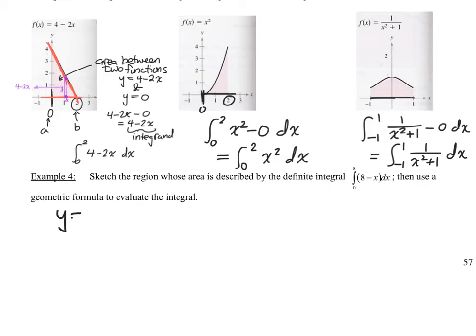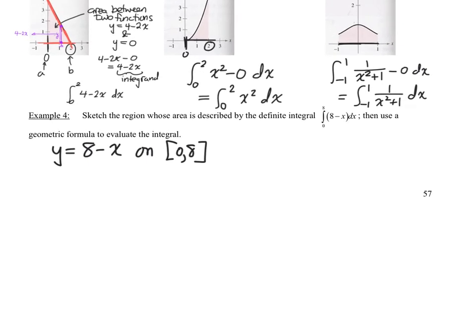We have a function y equals 8 minus x on the interval of 0 to 8. If I plug in a 0, I get an 8. If I plug in an 8, I get a 0.